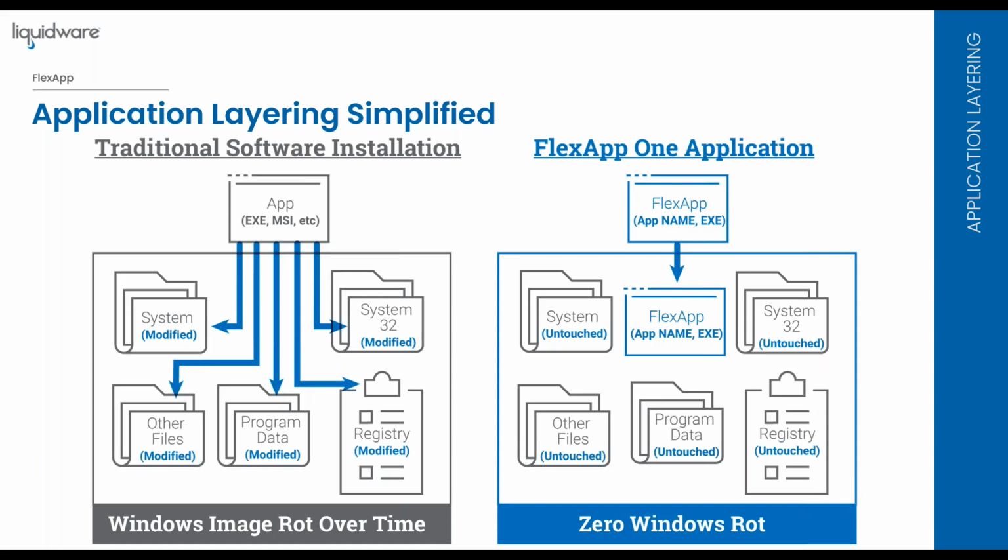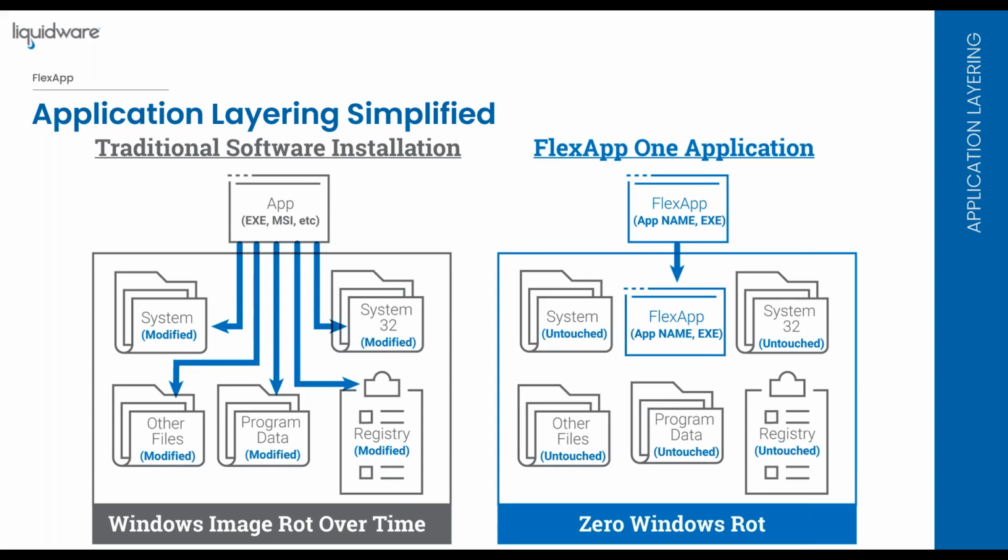And those of you that have been around Windows for a long time know that the more applications you install in a Windows OS, the slower that OS will become over time from application installs, uninstalls, and application updates. This has been coined long ago in the industry as Windows image rot over time.